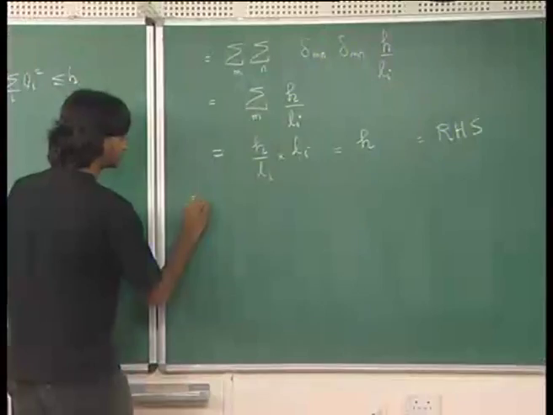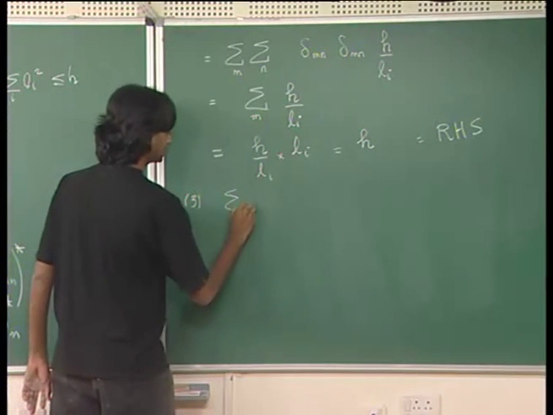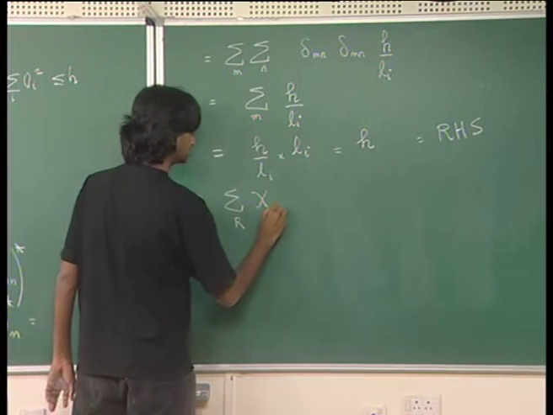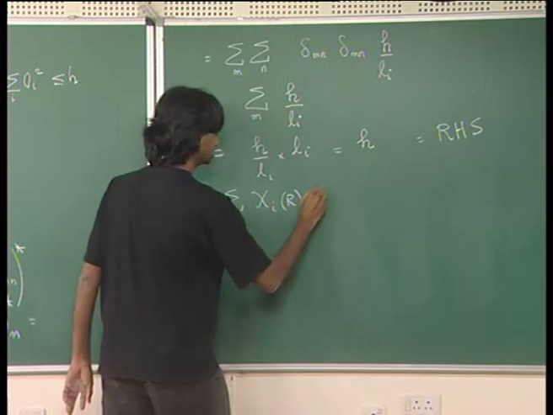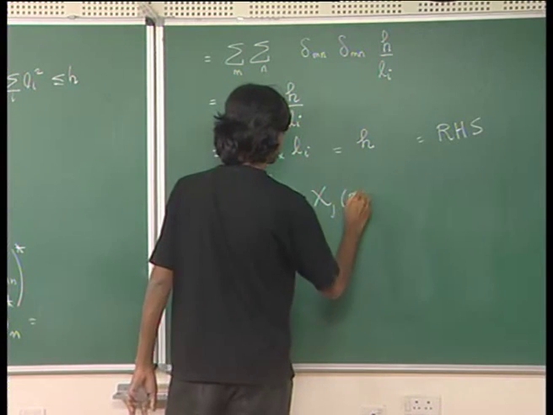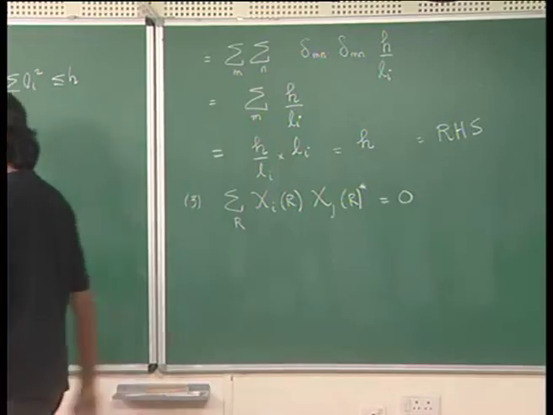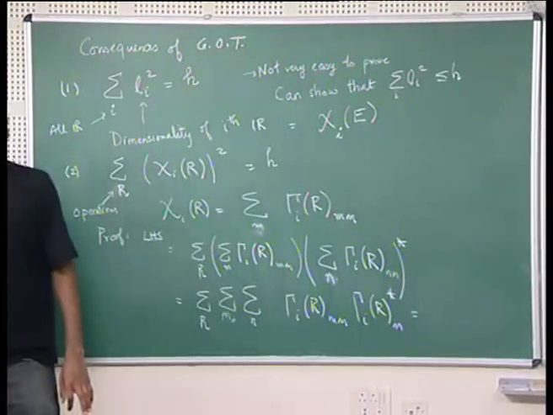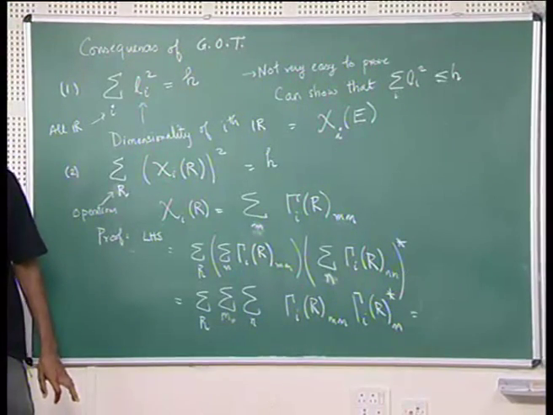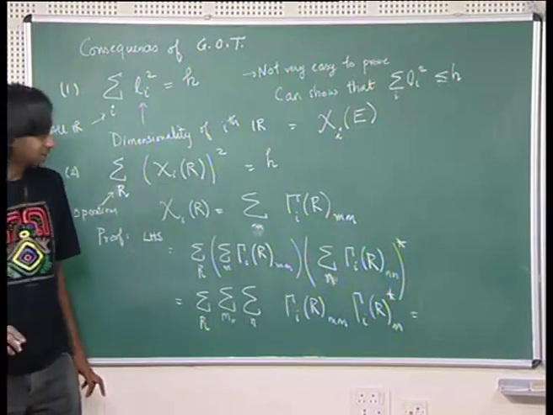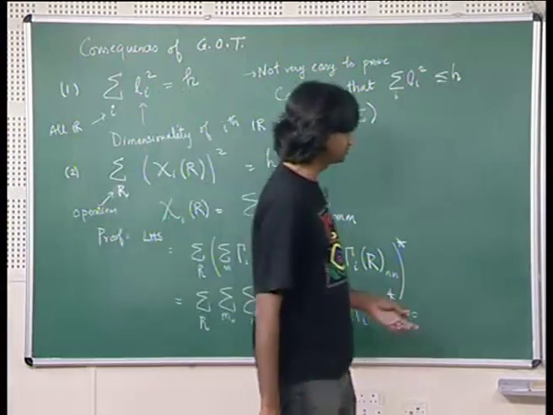The third consequence is that the sum over R of chi I of R chi j of R equals 0. This again follows directly from the great orthogonality theorem.